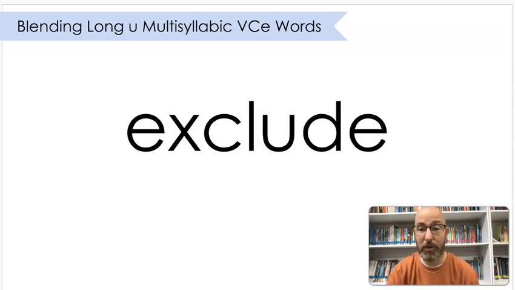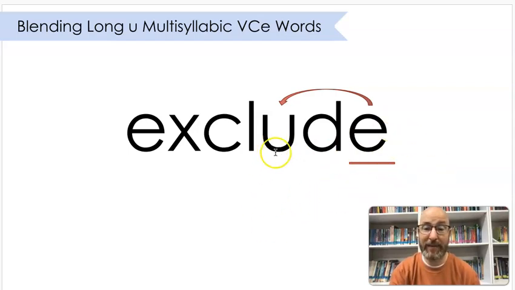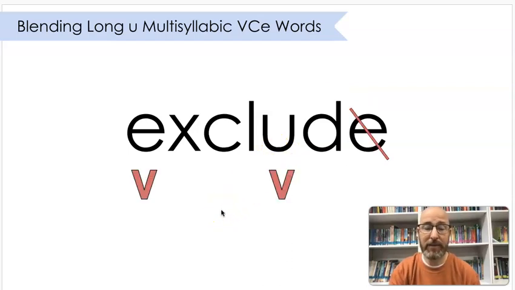So when we look at a word for the first time, we can look at the end, and if we see that bossy E, or that magic E as some people call it, that VCE pattern, we know that that E is going to be silent, and that it's also that U is going to say its name. So we know that after we've done that, we can label the vowels. Once we've done that, we can figure out, oh, look, there's 3 consonants in between that.